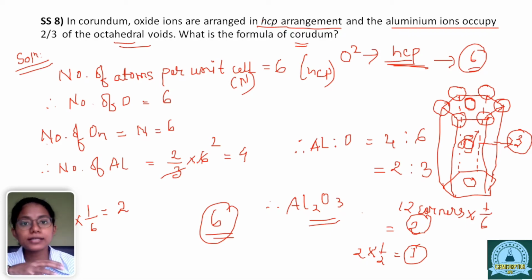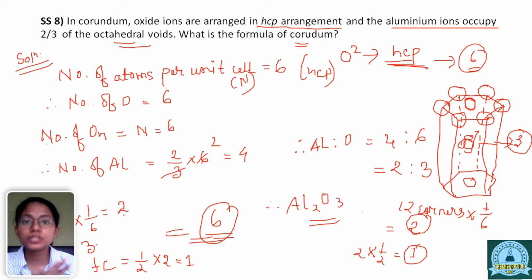And for body center, they have 3 atoms inside. Since these 3 atoms are not shared with any other unit cell, their contribution will be 3, and they have 2 face-centered atoms. Since they are face-centered atoms, the contribution to 1 unit cell is half, and their number is 2, so it is 1. So 2 plus 3 plus 1 is equal to 6. So for HCP, hexagonal close packing, we will have 6 atoms per unit cell. Okay. Now we will move to the next problem.